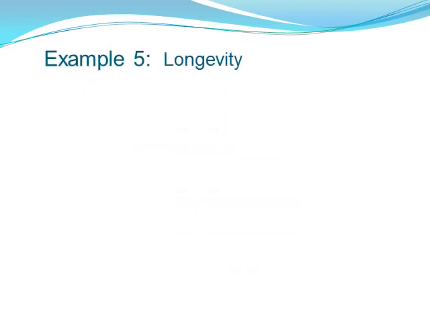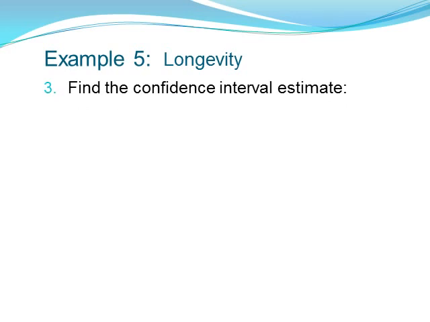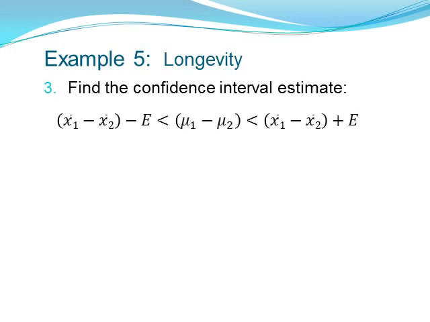Third, we're going to set up the confidence interval estimate. So here's our guideline, and then we want to first subtract the sample means. And so x bar 1 minus x bar 2 is 13.125 minus 22.714. This gives us a difference of negative 9.589 for the sample means.